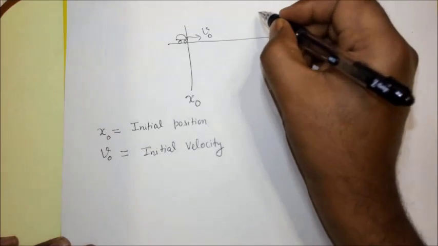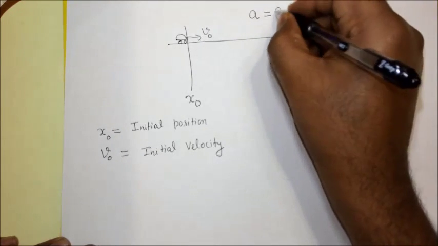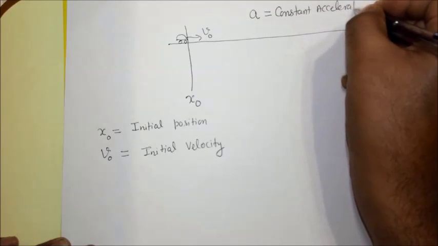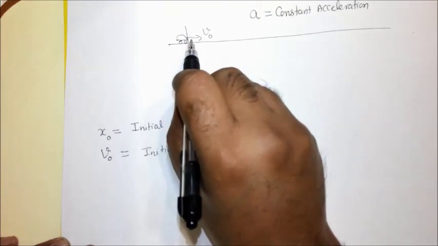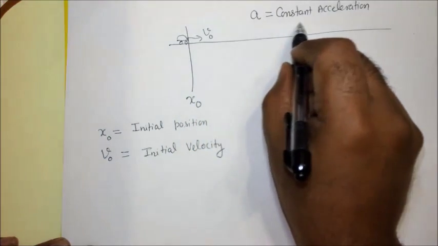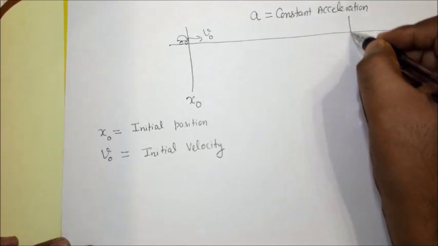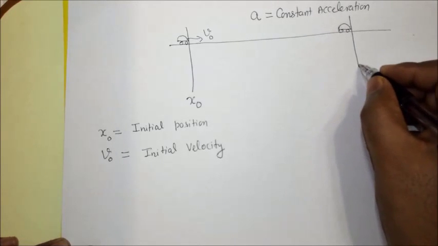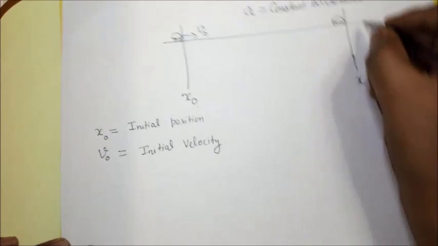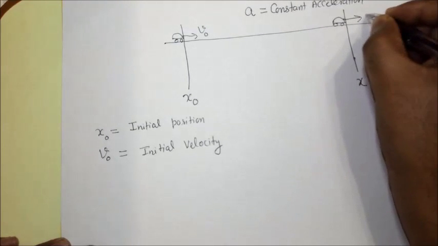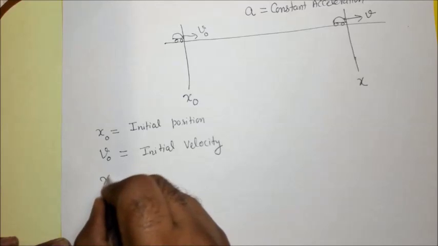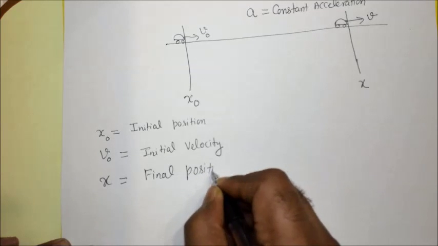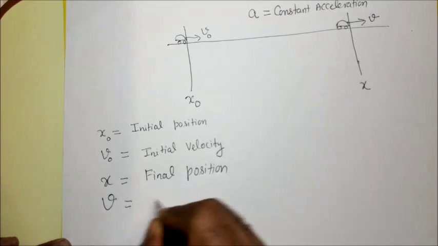Now it is accelerating. a is constant acceleration. So when you accelerate your car, what happens? The speed goes up and up and up. Right? So suppose it comes here, and this position is x, and here the velocity that we call final velocity is v. So x is final position and v is final velocity.